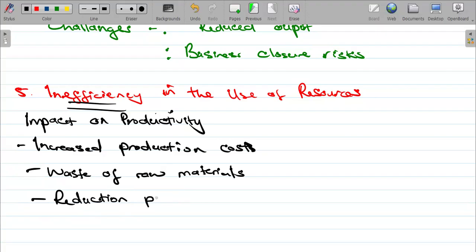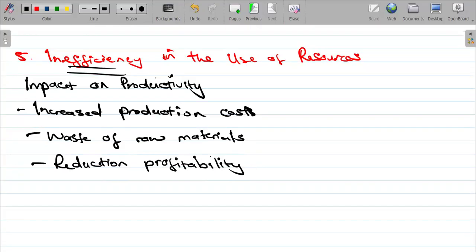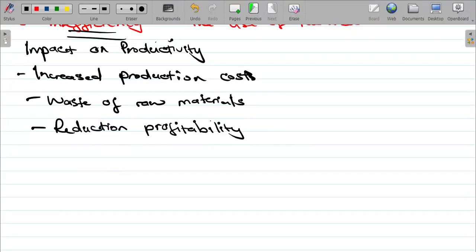Hence the profitability of the business will be affected. Right, let's move on to the challenges of inefficiency to the business.